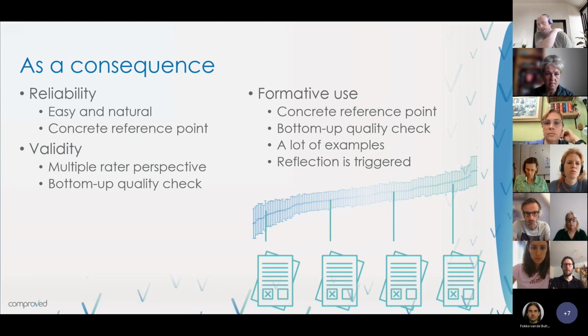And the same is true for formative use. As students have a concrete reference point, it's easier for them to grasp the difference between those two texts instead of comparing it to a very abstract rubric, which leads to a lot of different interpretations.